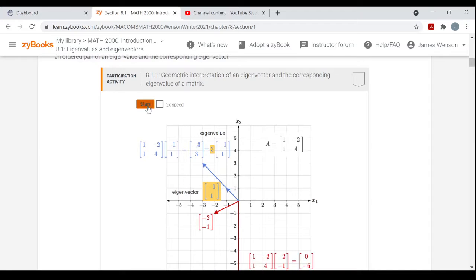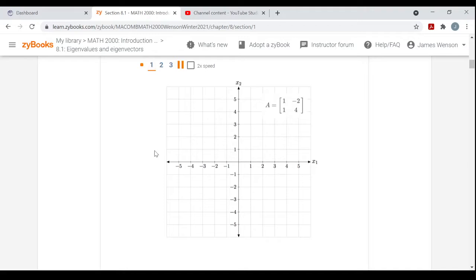I'll show you this first animation here. Here's the vector -2, -1. We're in R2, two-dimensional Euclidean space, and they have this 2 by 2 matrix up here, A: 1, -2, 1, 4.